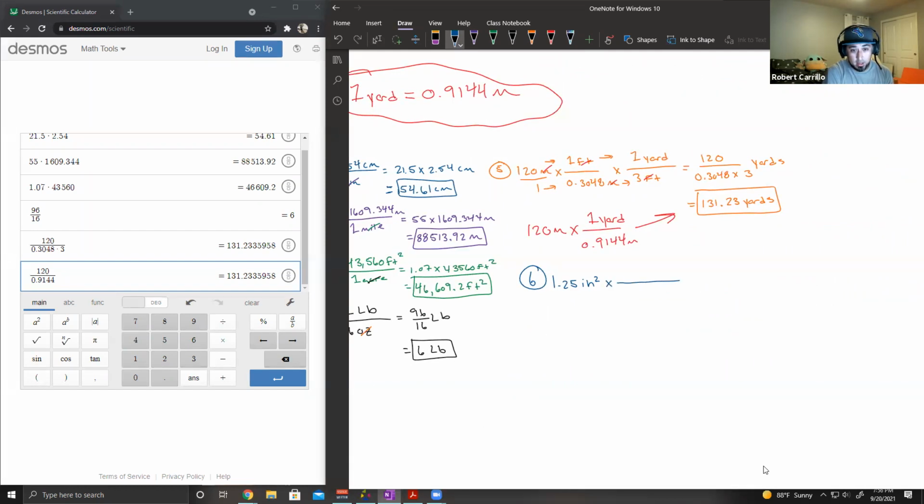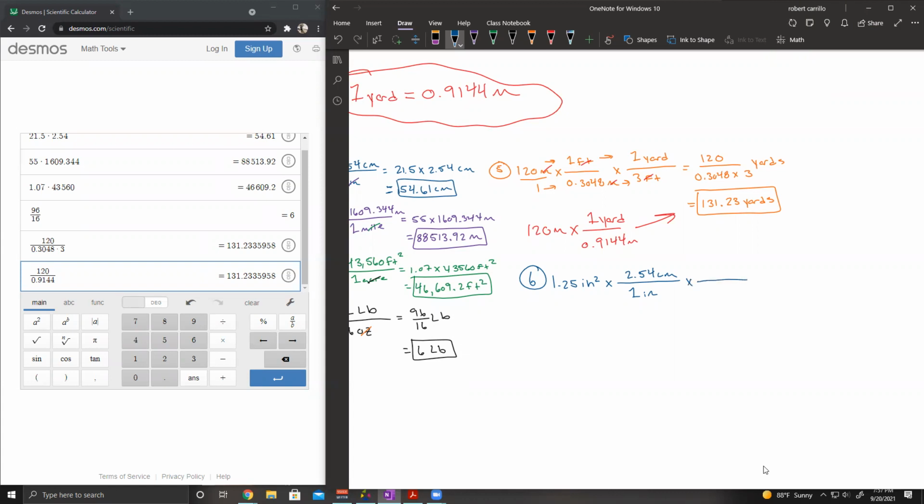How many centimeters are in 1 inch? 2.54 centimeters. But since we are going to square centimeters, we're going to have to do it twice.